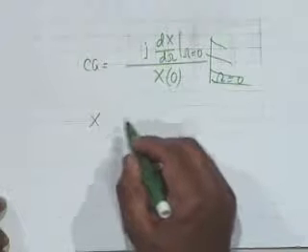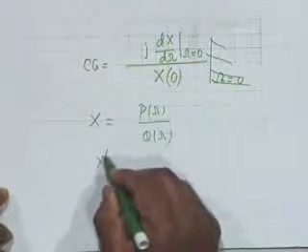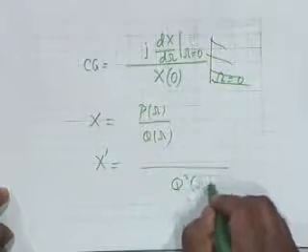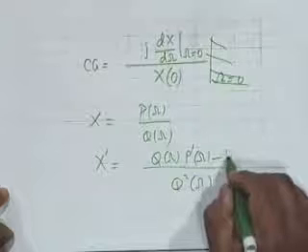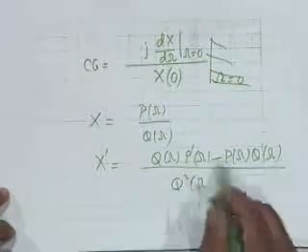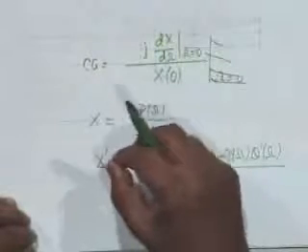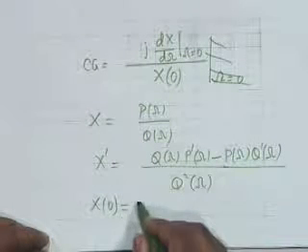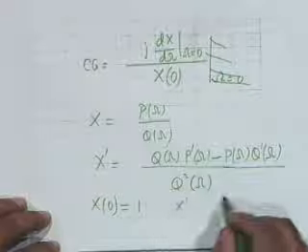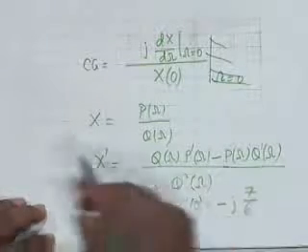You see, capital X is given as P(omega) over Q(omega), and you know what is X prime, it is Q squared of omega, Q(omega) P prime(omega) minus P(omega) Q prime(omega), and instead of simplifying and wasting time, you put omega equal to 0 directly, then many things simplify, and this comes as minus j, well, capital X of 0 after numerical simplification comes as 1, and capital X prime 0 comes as minus j 7 by 6. This is the correct result.